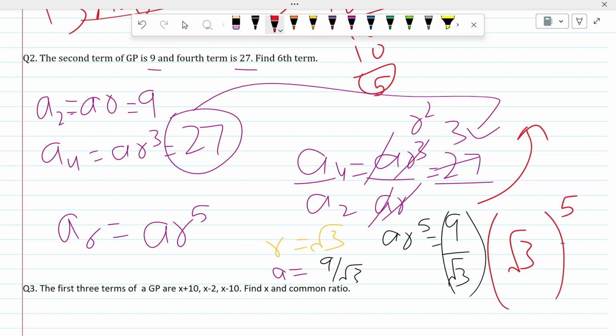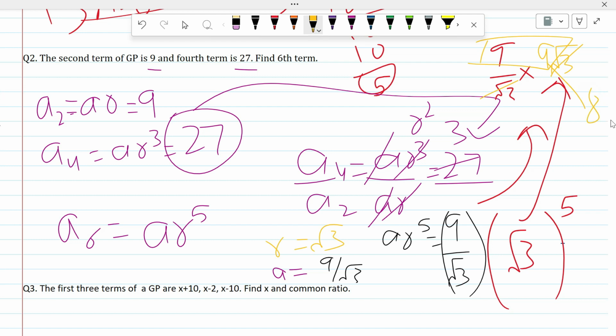Now let's solve this. 9 upon under root 3 multiplied by this gives 9 under root 3, so let's cancel this out and we get our answer 81. So A6 is equal to 81. Okay, let's move forward.